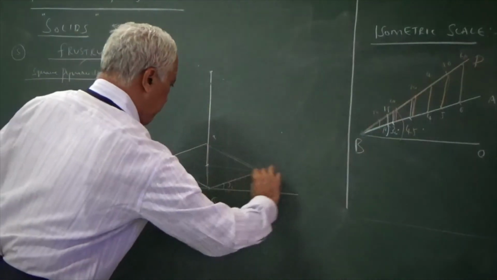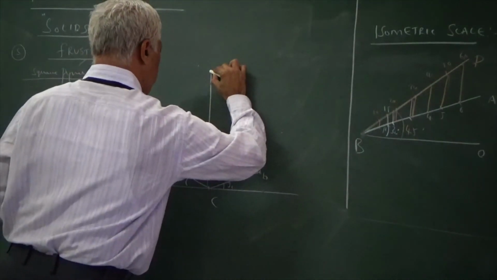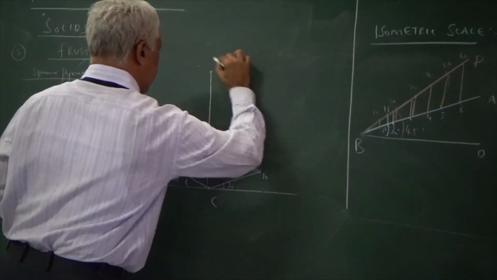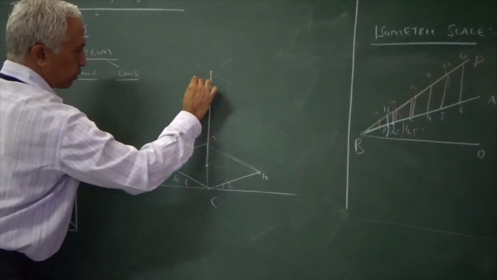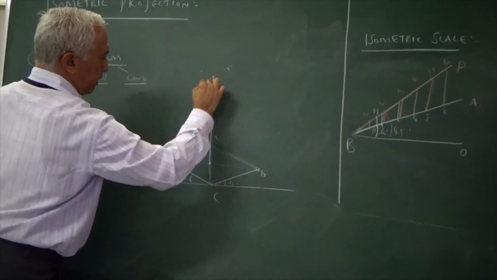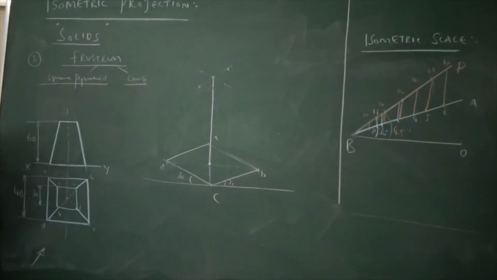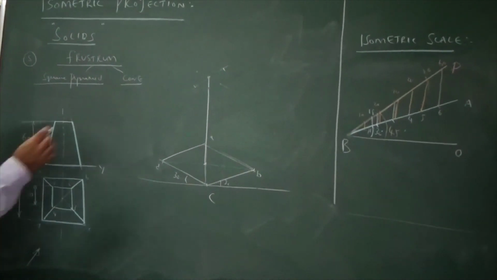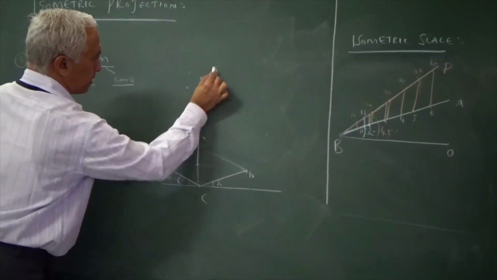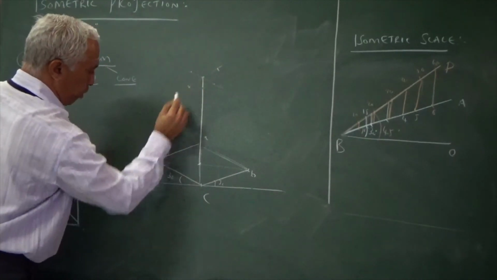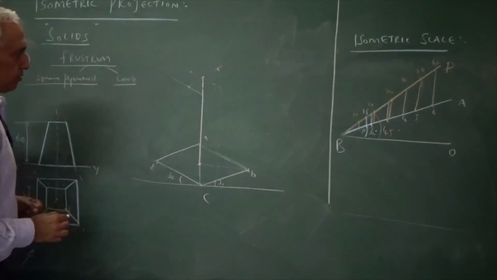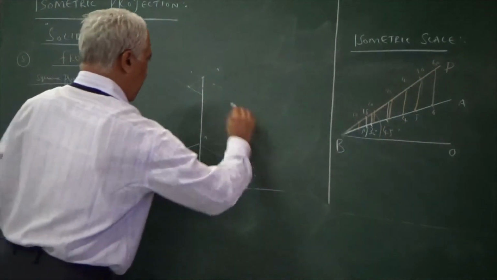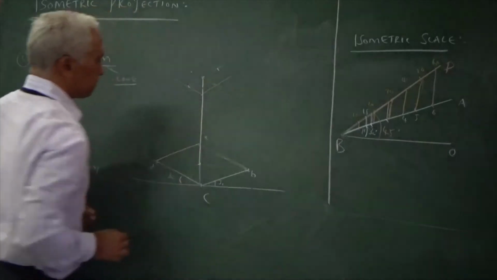Similarly, draw a parallel to CB also from this center at the top. Take ISO 15, cut ISO 15 on both the sides. Next step is, from these 4 points as reference, from this point draw a parallel to CD. From this point draw a parallel to CB.